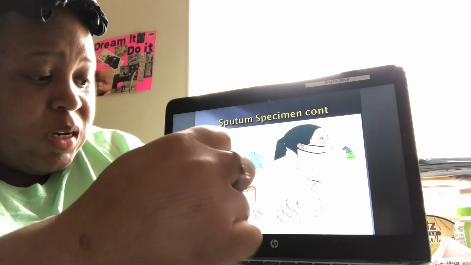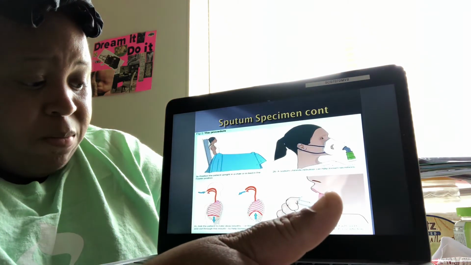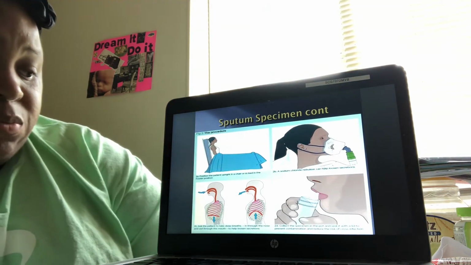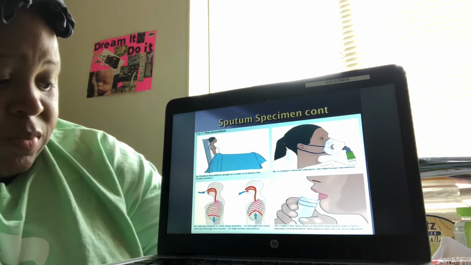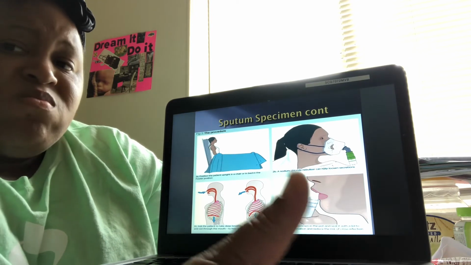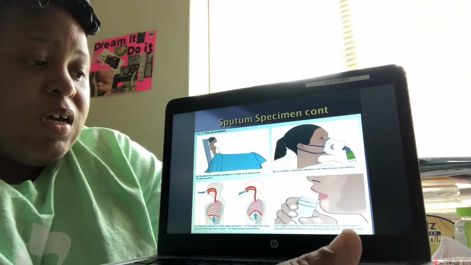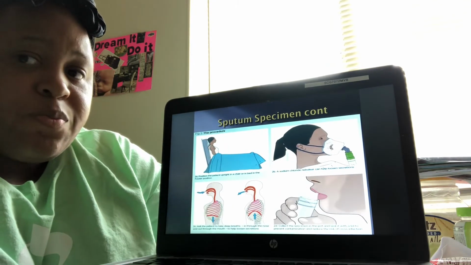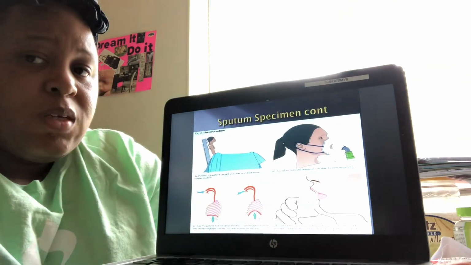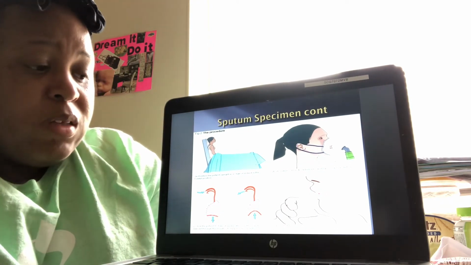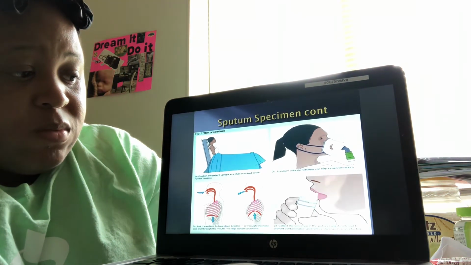When they're sitting up, I want them to take several deep breaths in and out. In through the nose, out through the mouth. In through the nose, and that will help also bring up some of that sputum that we need for the test.